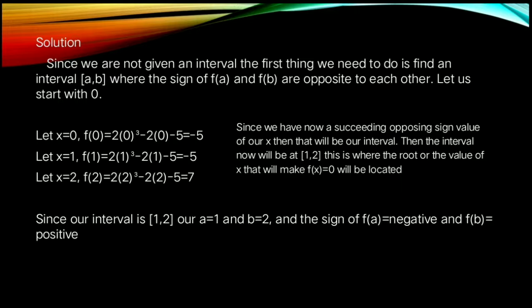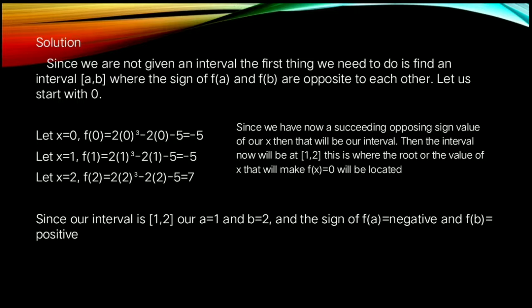So let us start with 0. f(0) equals 2 times 0 cubed minus 2 times 0 minus 5 equals negative 5. Let x be 1. f(1) equals 2 times 1 cubed minus 2 times 1 minus 5 equals negative 5. Let x be 2. f(2) equals 2 times 2 cubed minus 2 times 2 minus 5 equals 7.